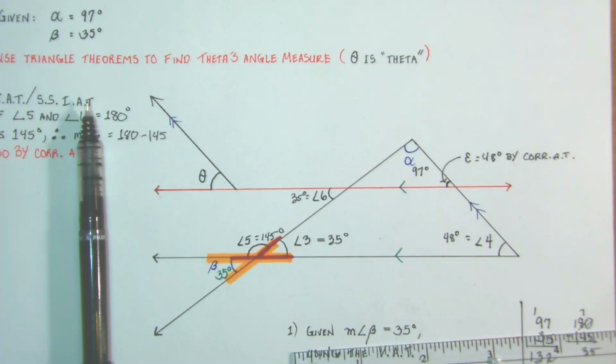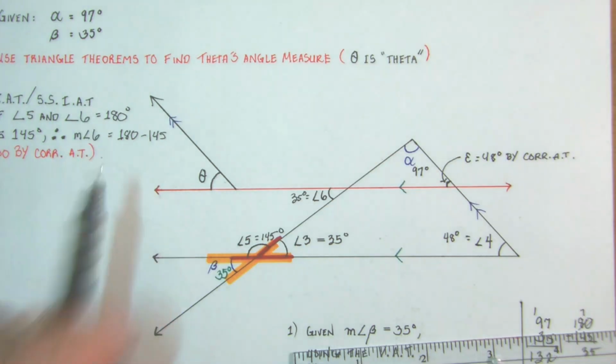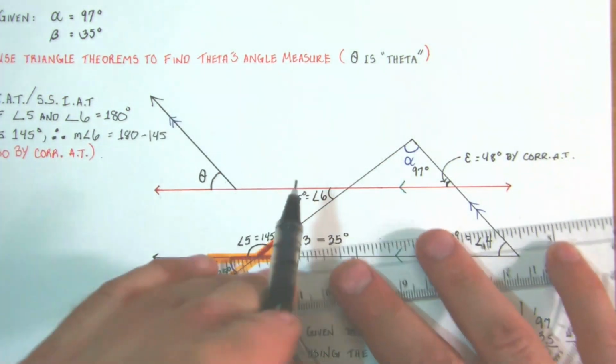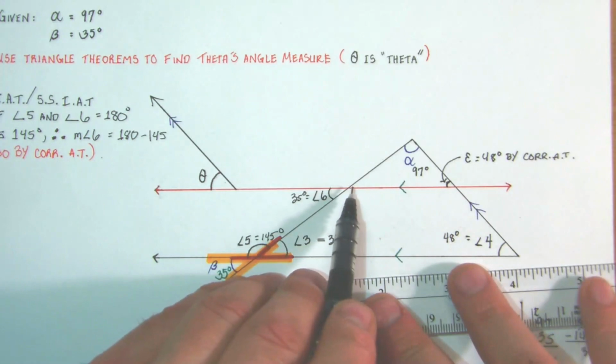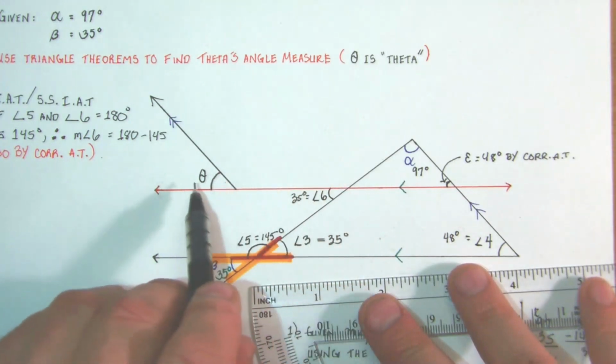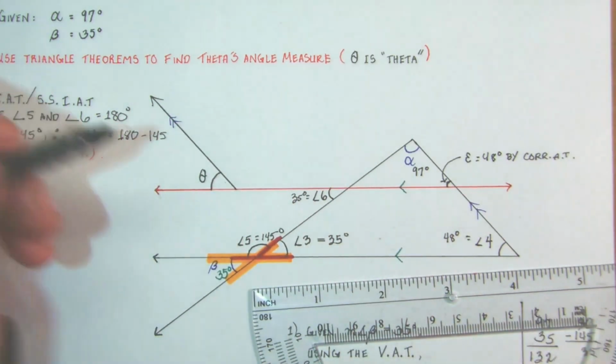But is there yet another way that we could find it? I mean, I really like that method.